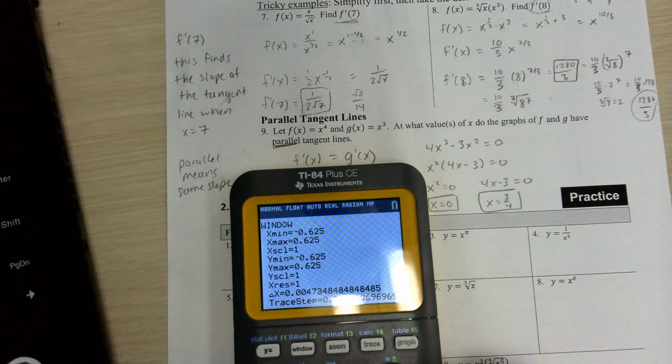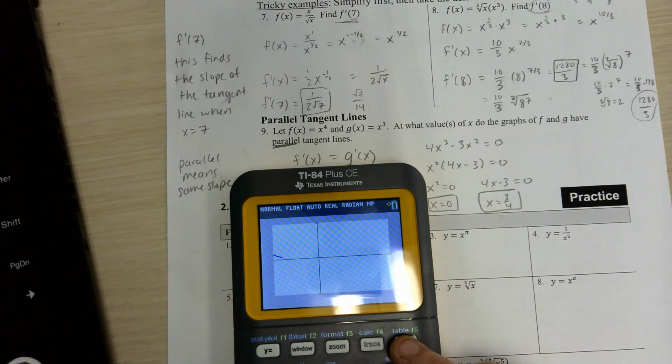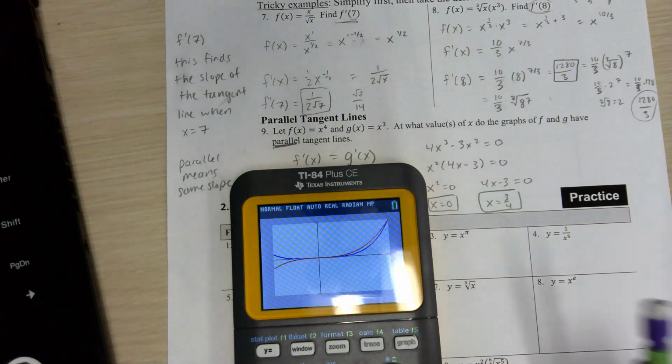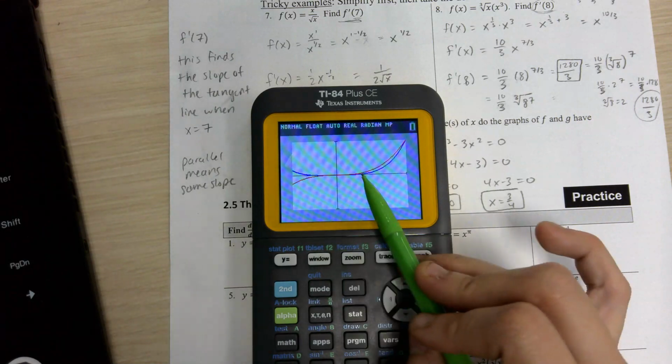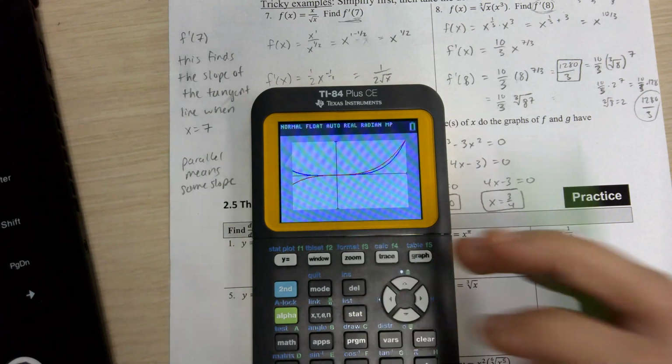Okay, so if we look at this graph, we can see at 0, they both have a slope of a flat line, right?